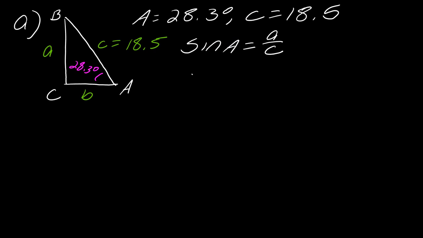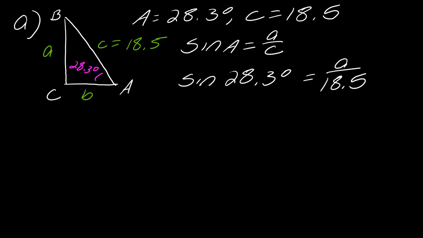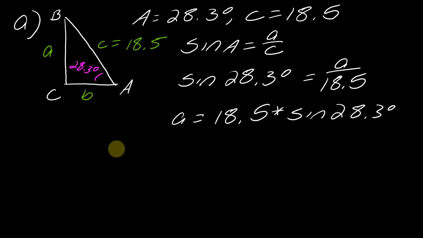So I'll go ahead and plug this in: sine of 28.3 degrees equals a over 18.5. So this means that a is going to equal 18.5 times sine of 28.3 degrees. And so if I multiply those together, I will get a equals 8.77.